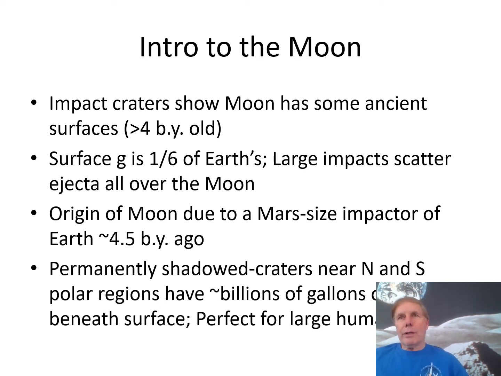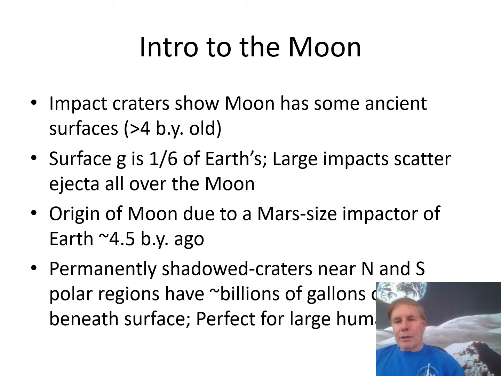And also crater counting. Remember I told you that if a surface has more craters, that means it's going to be older than a surface with less. And we can actually see that there are lots of places on the moon that apparently have very ancient surfaces. If you're standing on the moon, you'd feel a gravity of only 1/6 the Earth's. That's kind of nice.